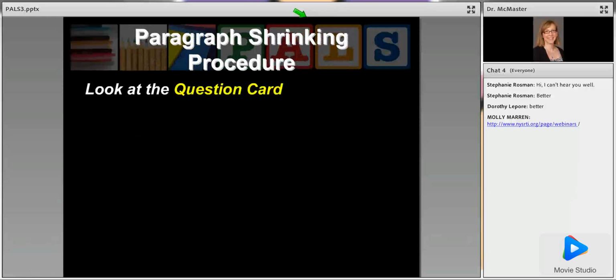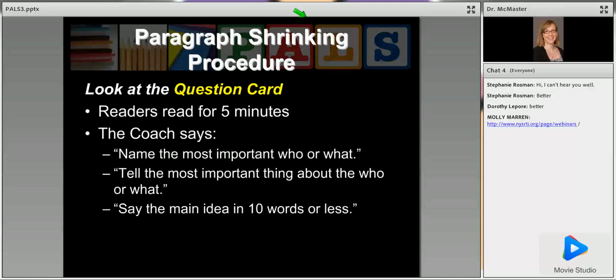So if you look back at the question card that I mentioned earlier, there are prompts that the readers will have. So the first reader, again, will read for 5 minutes, and after every paragraph, the coach will say 3 things. First, they'll say, name the most important who or what, and the reader will say the main character from the paragraph.